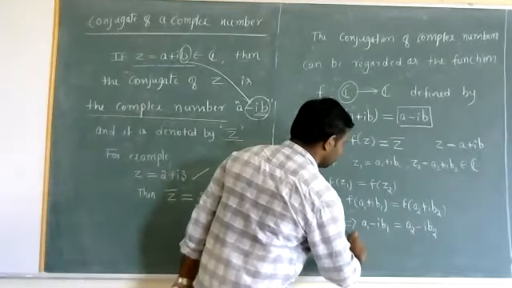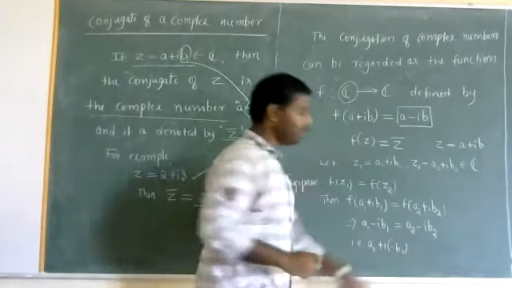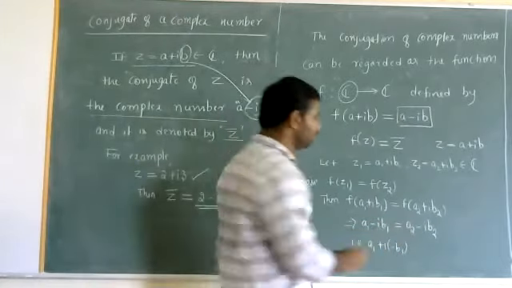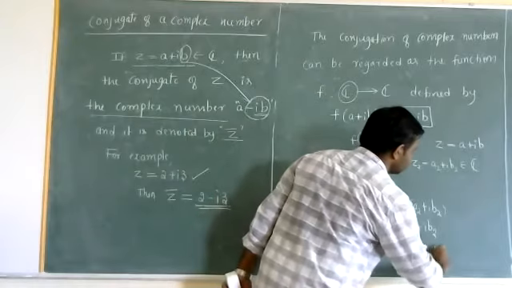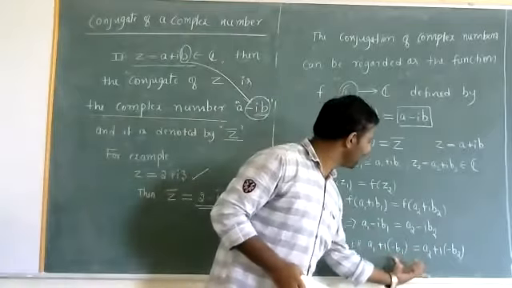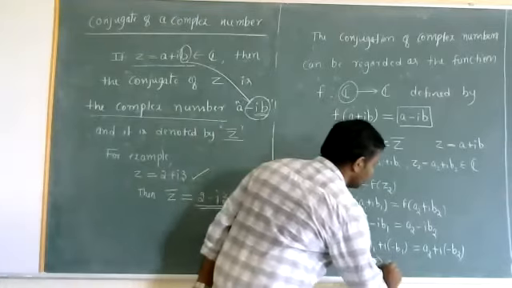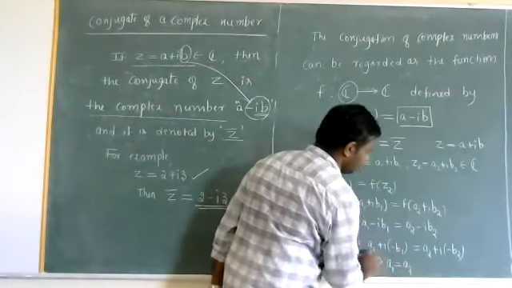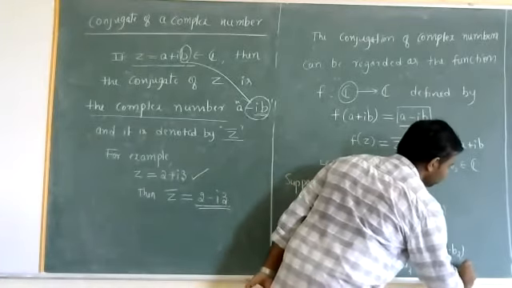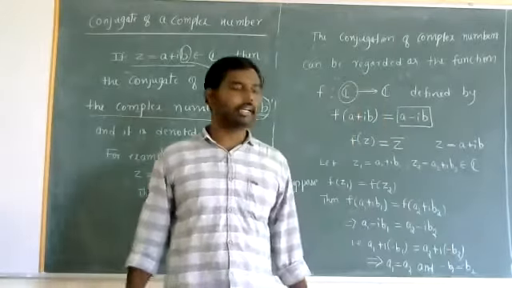Right? Or I can write it as a1 plus i into minus b1, just combining this minus with b1, equals a2 plus i into minus b2. Now we have equality of the complex numbers. So these two complex numbers are equal, so real and imaginary parts have to be equal. So a1 has to be equal to a2 and minus b1 has to be equal to minus b2, that is, b1 has to be equal to b2.